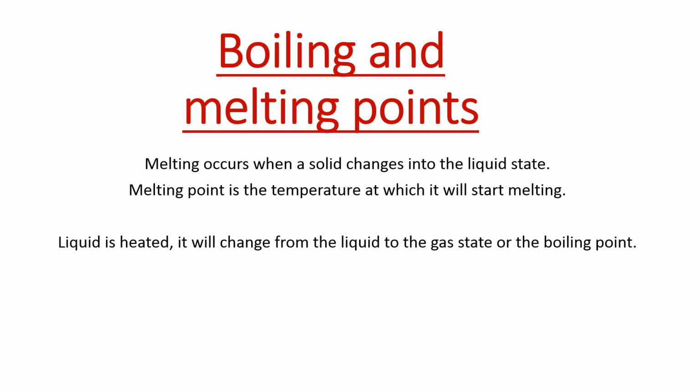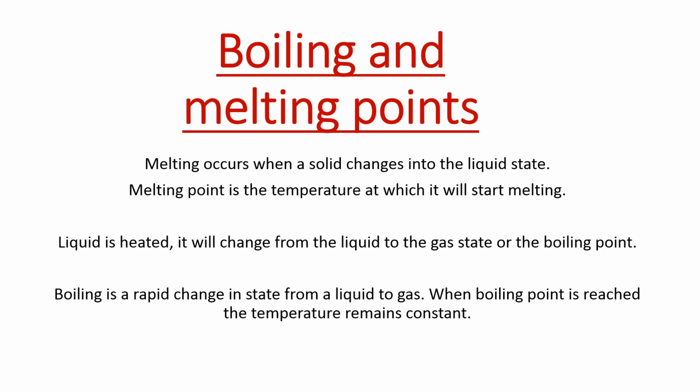If a liquid is heated, it will change from the liquid to the gas state, which is the boiling point. That was when I told you if you put a pot with water onto the stove and you start boiling it, the water will evaporate. It will turn into a gas as soon as it starts boiling.